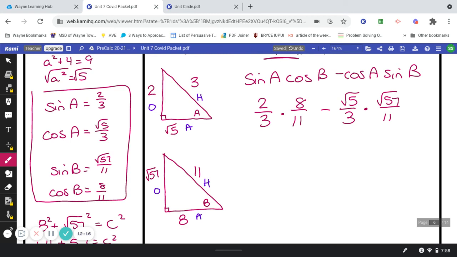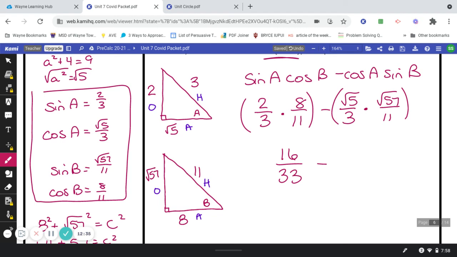We'll go ahead and chunk those together. We'll multiply first. 2 times 8, 16. 3 times 11, 33. All right, now here we have two square roots, two radicals. Because they're both inside the radical bar, we're going to multiply those two numbers together.